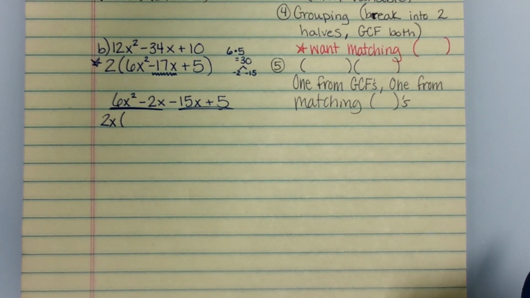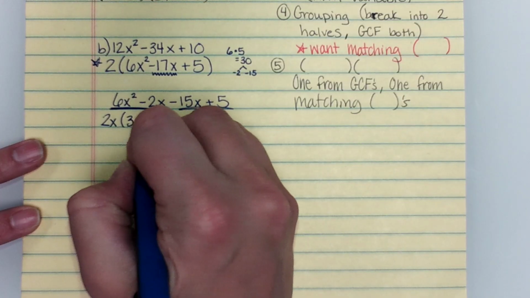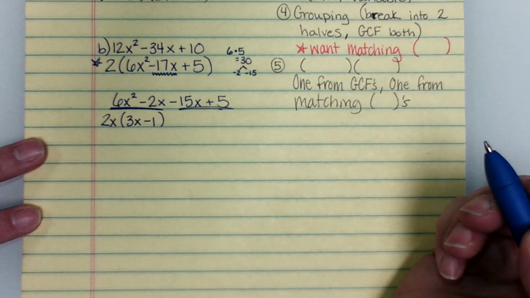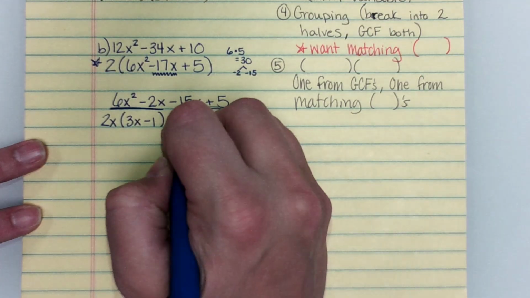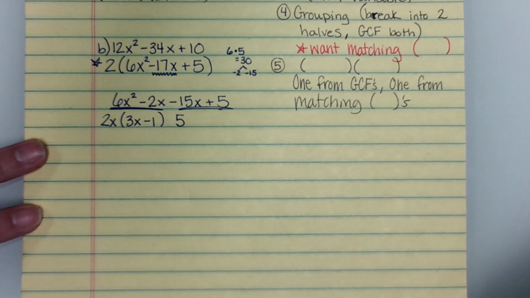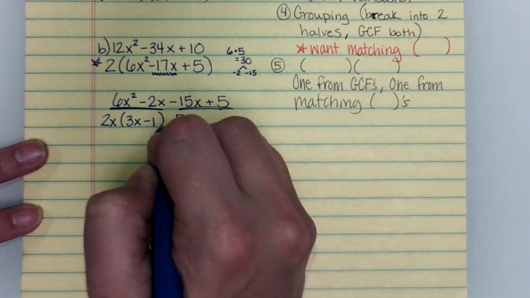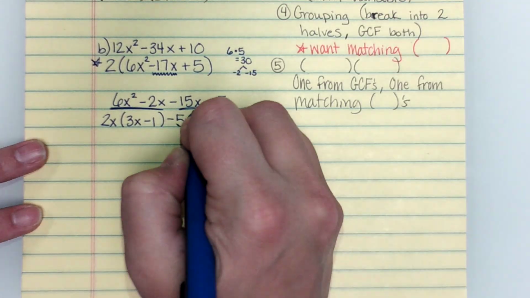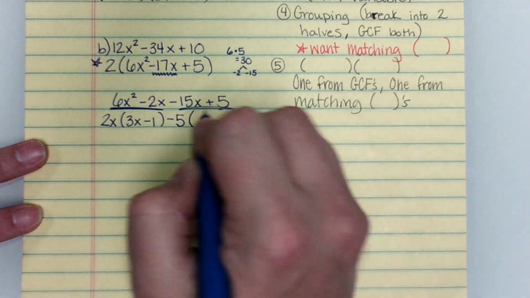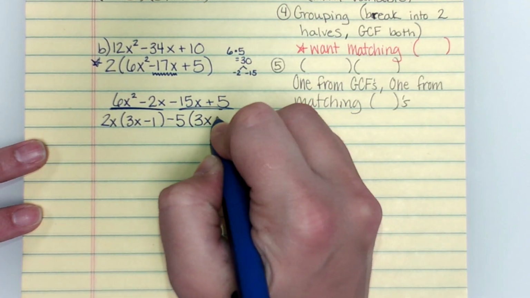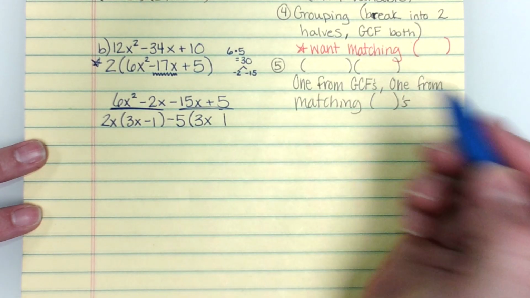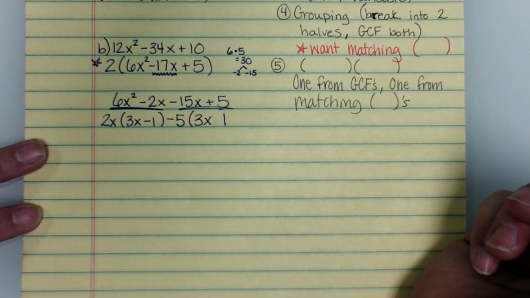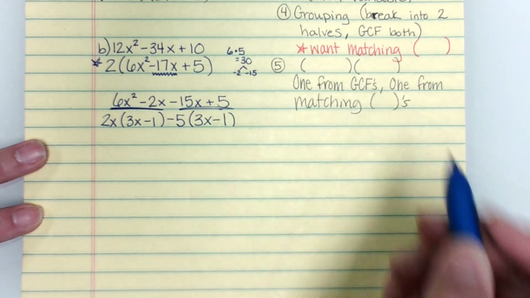Leaving me with 3x minus 1. What can come out of the second half? 5. Positive or negative? Why negative? So then the 3x will be positive. 5 divided by 5 is 1, but is it positive or negative 1? Negative. Be careful with your positives and negatives.